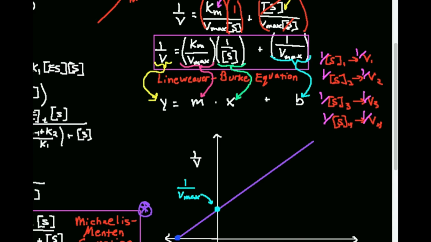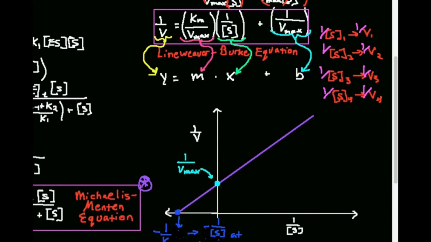So if you have a substrate concentration, take its reciprocal because the x-axis is 1 over s. If you have a rate, take 1 over the rate because the y-axis is 1 over the rate. And then once you get these points, so 1 over v, comma, 1 over substrate concentration, then you just plot that point. And perhaps you get a series of points like this.